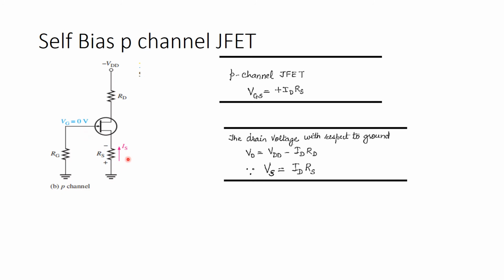Since ID is equal to IS, we say that it is ID RS. Then drain voltage with respect to ground is VDD minus ID RD. Because VS is equal to ID RS, we can establish VD.